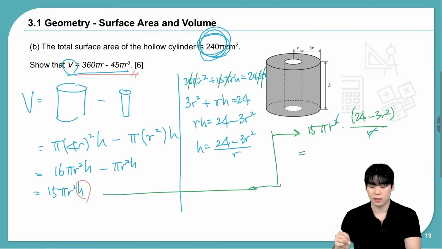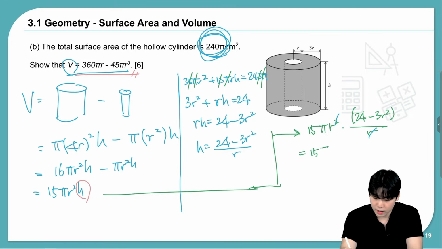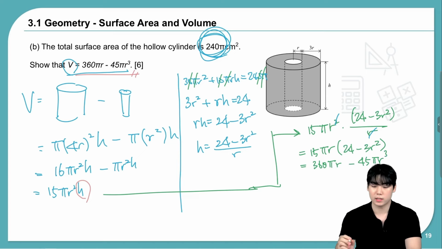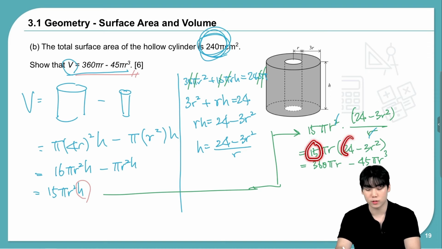So this is 15 pi r times 24 minus 3r squared, and expanding that will give 360 pi r minus 45 pi r cubed. Of course, it takes a lot of time to actually compute 15 times 24, but because this is like the third time I'm filming this, I already know that this is 360, okay?